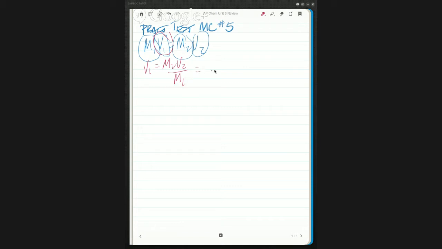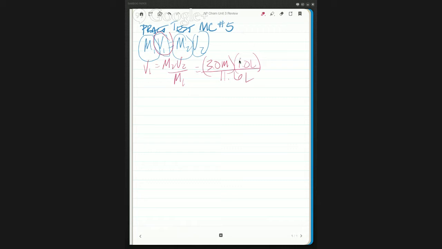M1, which is equal to 3.0 molar and the volume is 1.0 liter. And all this is over 11.6. It says how many milliliters of 11.6 molar HCl must be diluted to obtain. And this is multiple choice, which means there are no calculators.